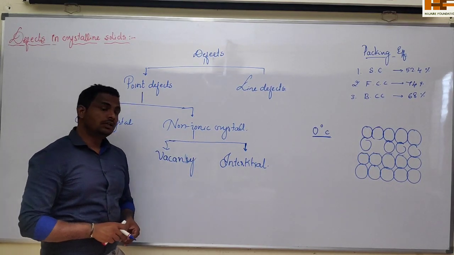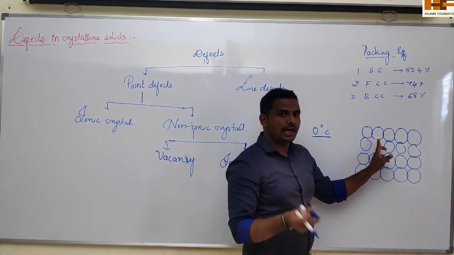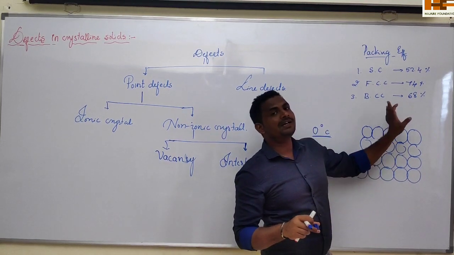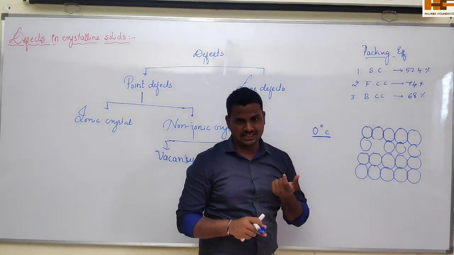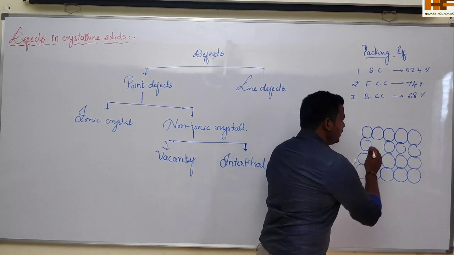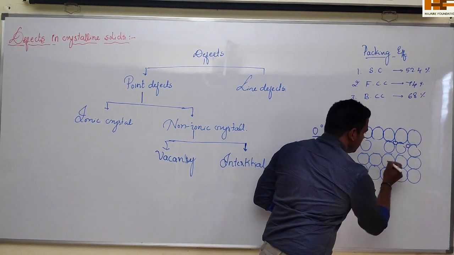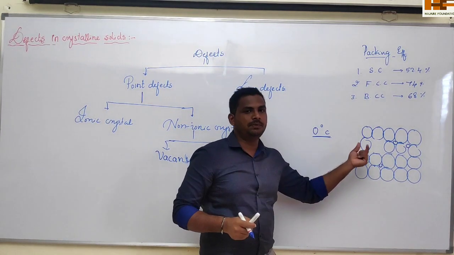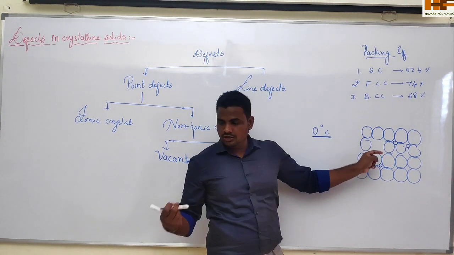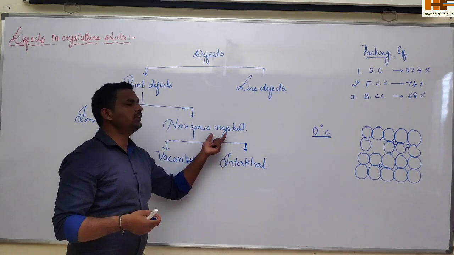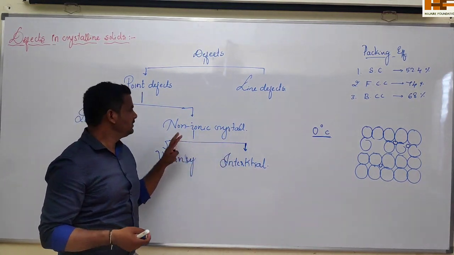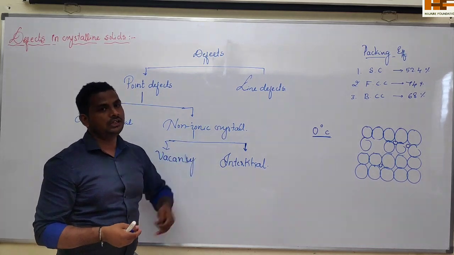If the missing ion occupies some gap space, the void we studied in the previous class, if the missing ion occupies that empty space, we call it an interstitial defect. So this is about the non-ionic crystal.